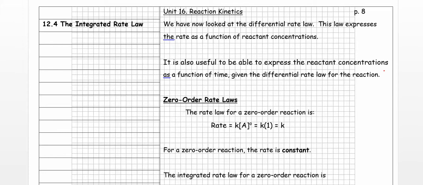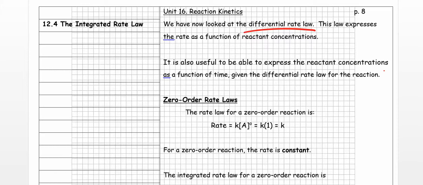So we've looked at the differential rate law, right? What do we mean by the differential rate law? Well, we've taken a look at situations in which we have multiple trials, maybe 1, 2, and 3, and we're varying the concentrations, varying the reaction rates, and we're taking a look at what the impact of varying a concentration is on a reaction rate.